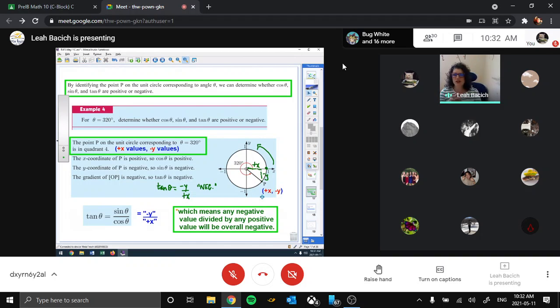So it says determine which are positive or negative. So I think the x and y piece should be fairly easy and straightforward, but now we're adding in tangent. So tangent is always sine over cosine. So whatever sign sine and cosine have, that will dictate what tangent becomes. Okay? That's the only thing about tan that we really need to worry about at this time.